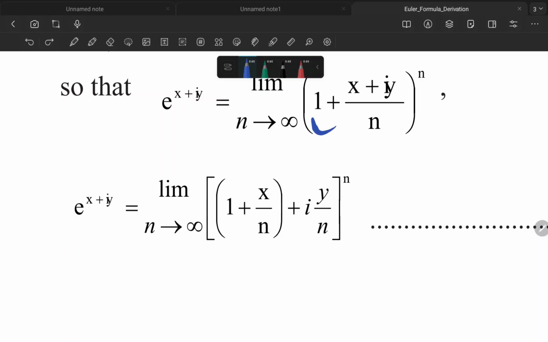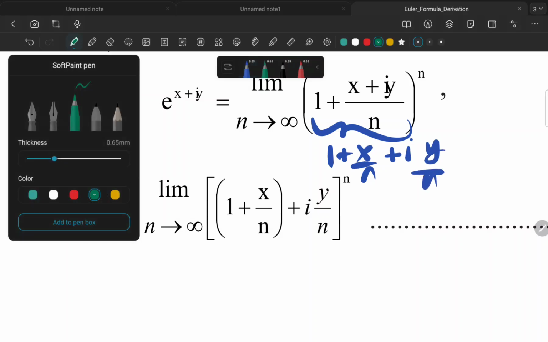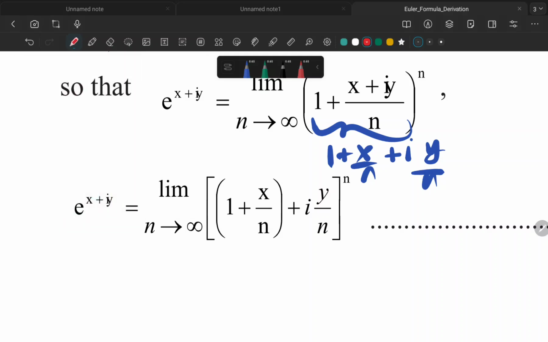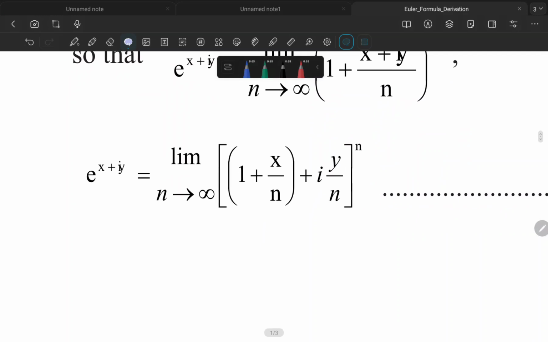1 plus x over n plus i y over n. So that's not a big thing. I think the size of the pen is quite big, and I have to shorten it. Yeah, that's good. So e to the x plus iy is written like that.